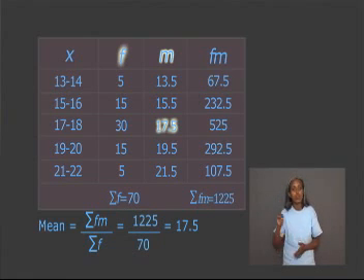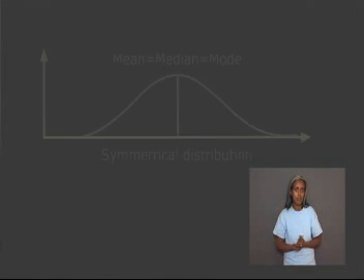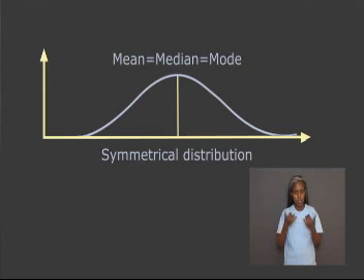Mode, as you know, is the distribution mean that has the highest frequency. In this case, the mode is again 17.5. We can now conclude that whenever the mean equals the median and the mode, the distribution is symmetrical.